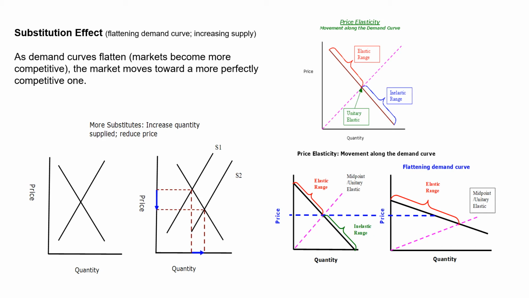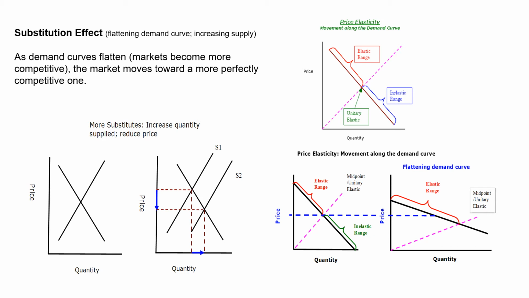So the price of those goods goes down, and the law of demand says that if price goes down, then the quantity demanded is going to increase. So this is the substitution effect in terms of bringing more competitors into the mix.